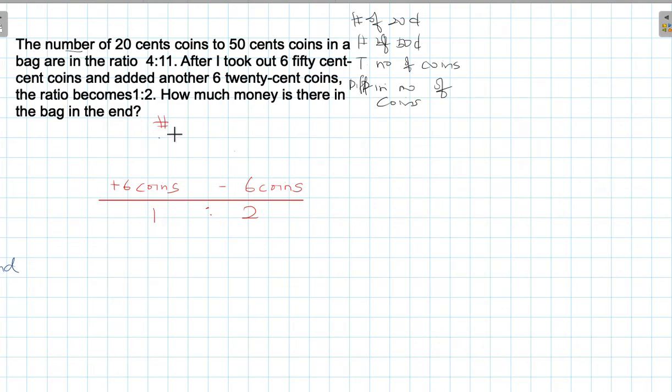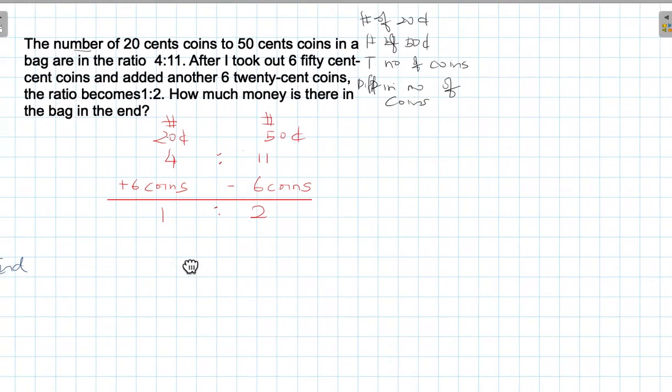Here is 20 cent, 20 cent, 50 cent, right? The ratio is 4 is to 11. Okay, you see, this is different from the previous one.